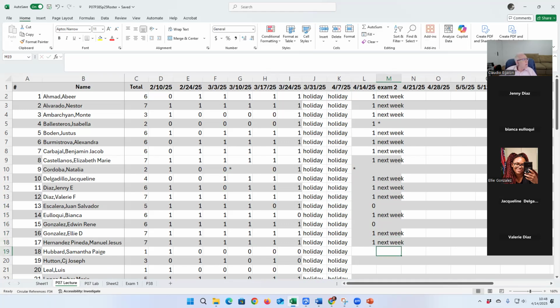Let's see, someone's trying to get in. Samantha. I don't think Samantha is here. Next is CJ. I don't see CJ here. Luis Leal.